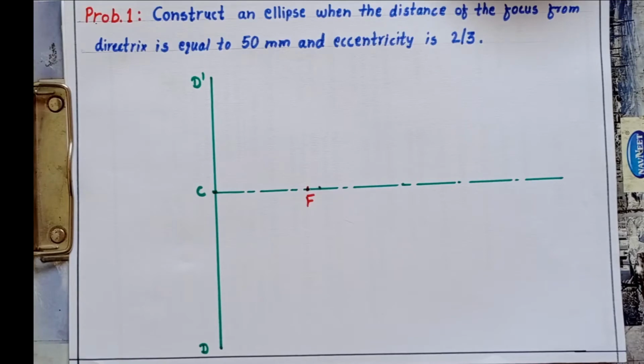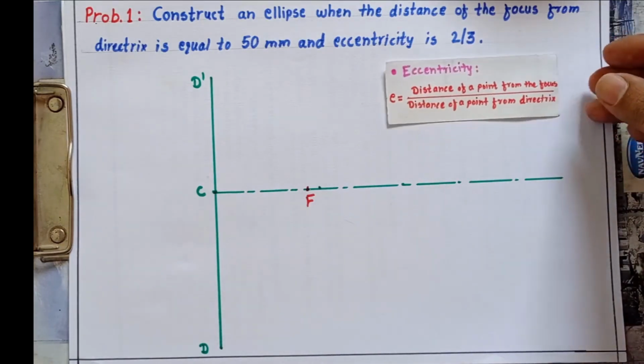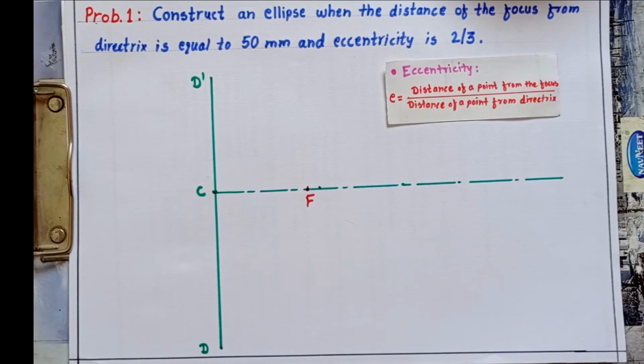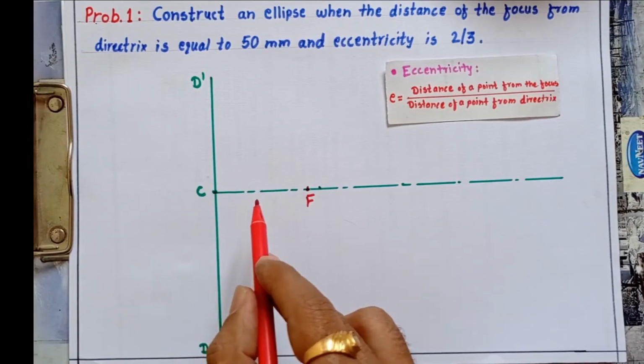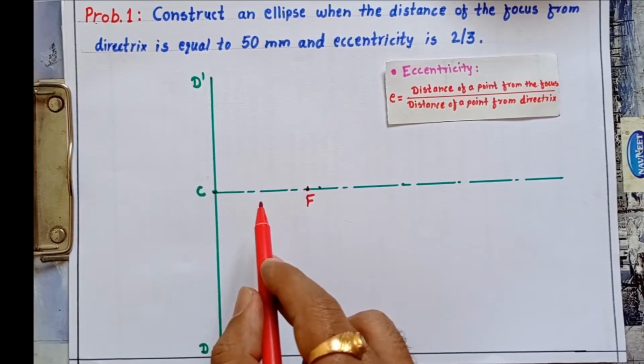Further on, in the problem statement, they have given us the eccentricity as 2 by 3. So what exactly does eccentricity mean? Eccentricity is the ratio of the distance of a point from the focus to the distance of the same point from the directrix. It means we have to mark one point V. V stands for the vertex point.